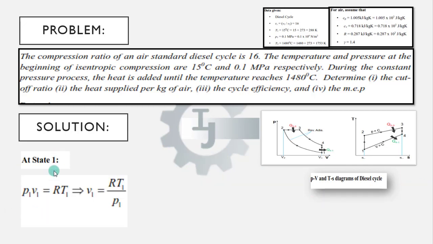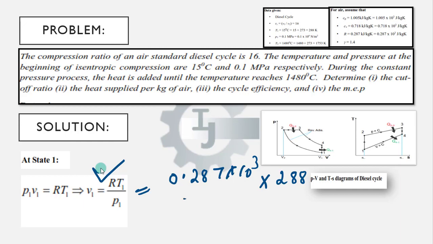Now we know that P1 V1 equals RT1, that is characteristic gas equation. So from here we can write V1 equals RT1 by P1. The value of R is 0.287 into 10 to the power 3, into value of T1, 288, divided by value of P1, 0.1 into 10 to the power 6.